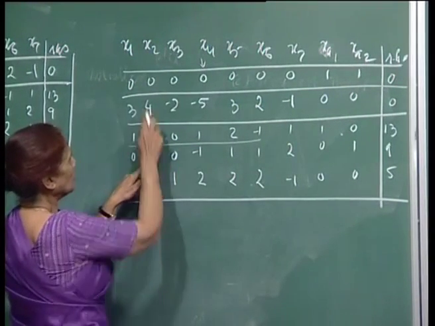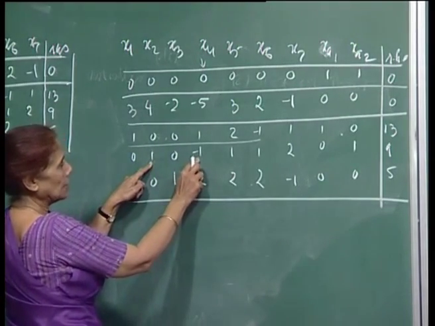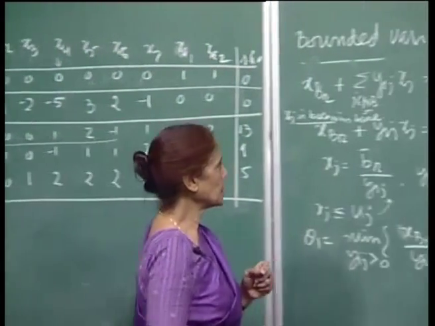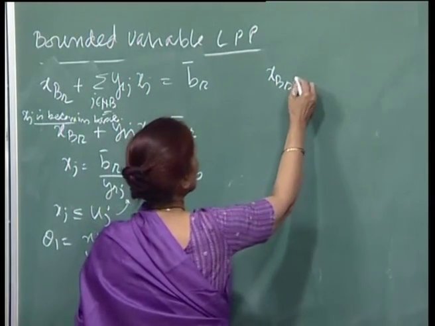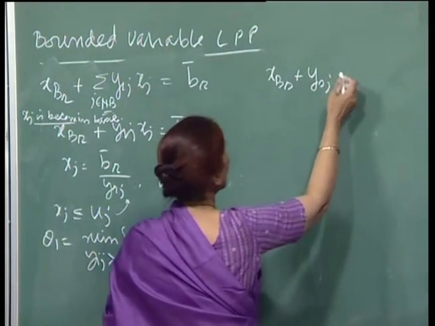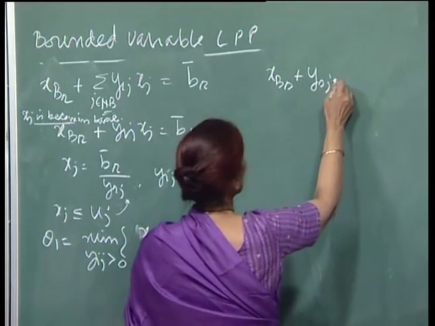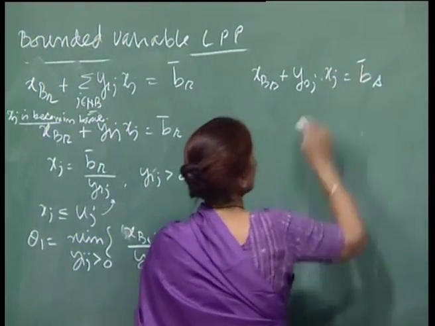If you look at x2, the second basic variable, there is a -1 entry here. So what happens? Your corresponding constraint is xBs plus Ysj into xj, and this is bs bar.